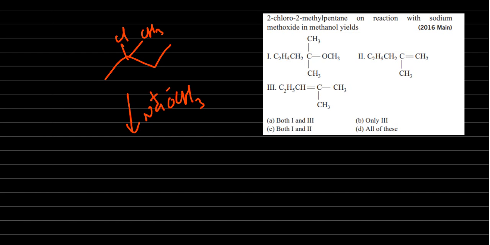Whenever this charge is there, obviously an elimination reaction takes place. So the elimination possibility is there. Here CH3 and CH2 are there. This is A type, this is also A type, this is the B type. Suppose you take hydrogen from this carbon or this carbon, the product will be the same.